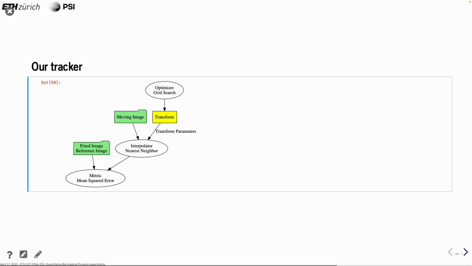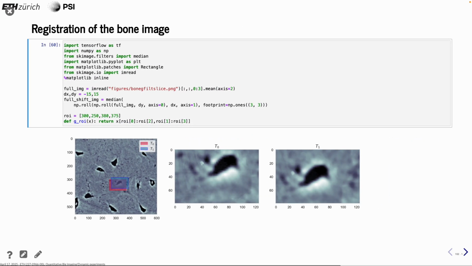So let's build up a tracker. This one I'm going to implement using TensorFlow. It's not actually the ideal choice, but the components are available there for the demonstration. Registration otherwise is something you have packages for doing. So let's first prepare our images.